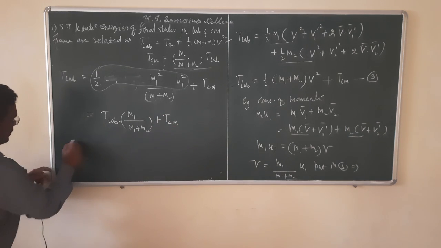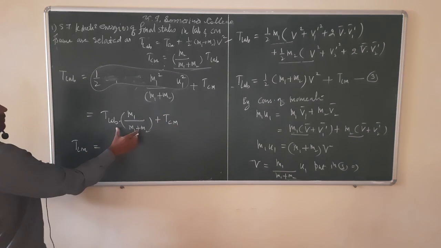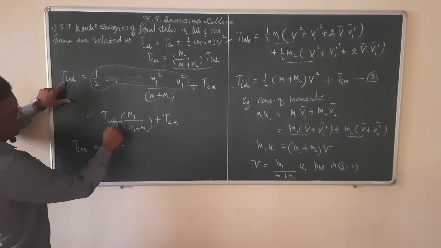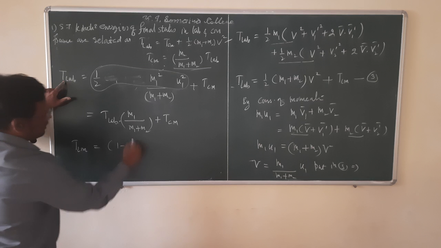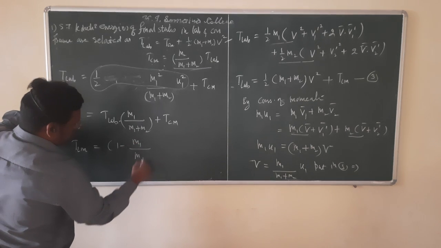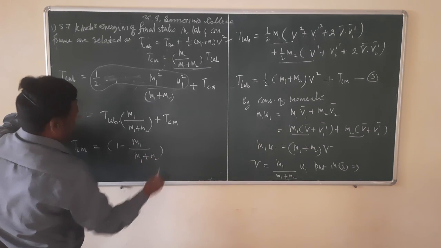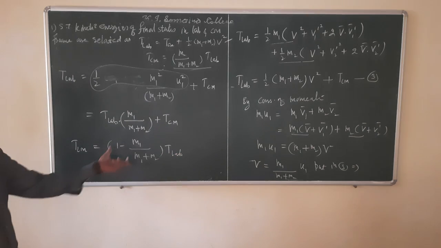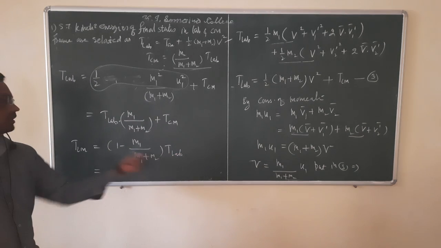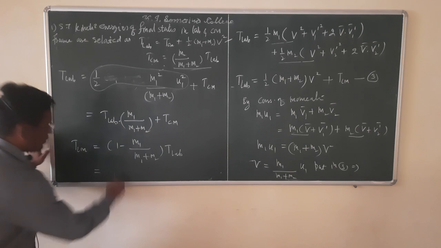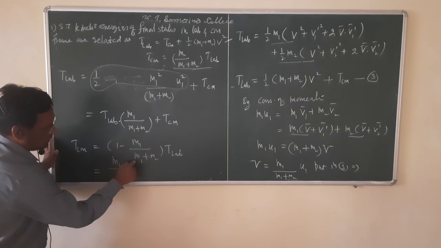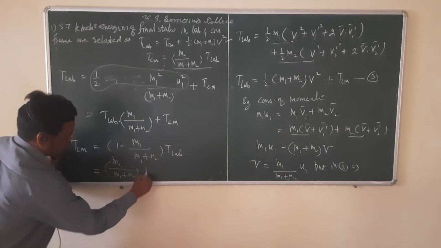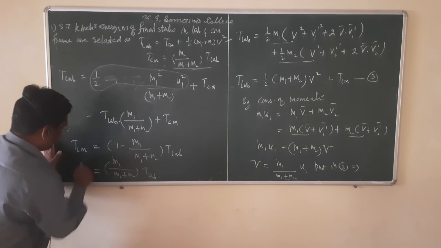Now T CM is equal to, if you take this term on the left hand side, T lab common, 1 minus m1 divided by m1 plus m2 into T lab. If you do cross multiplication, m1 plus m2 minus m1, in the numerator we have m2 divided by m1 plus m2 into the kinetic energy in the laboratory frame.